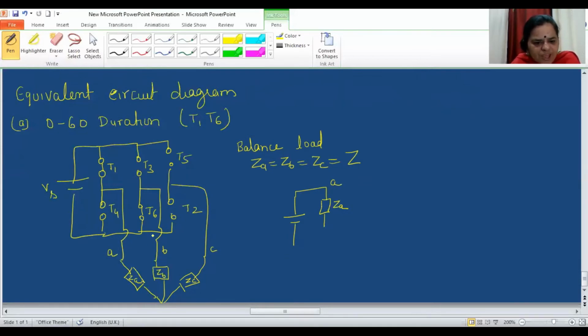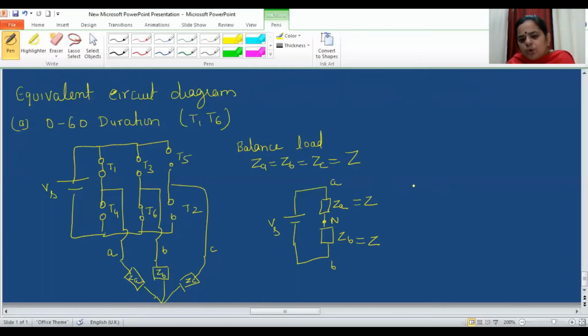Similarly, the B phase through this T6 short circuit is connected to the negative of the supply. So this is ZB and this is Vs, and this is point neutral. You can see that the C phase is not connected to supply because neither T4 is short circuit nor T2 is short circuit. Now for the balanced load, ZA and ZB are equal to Z.